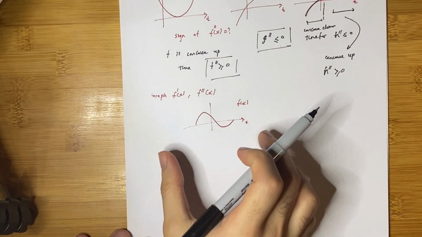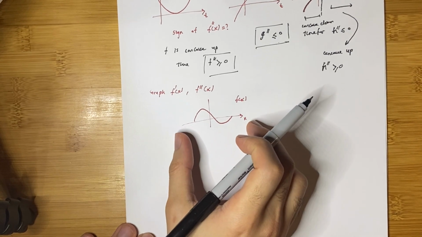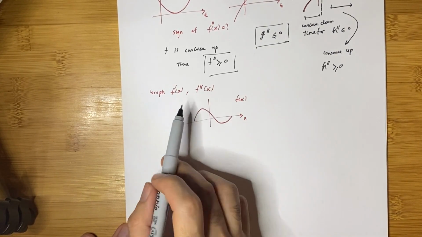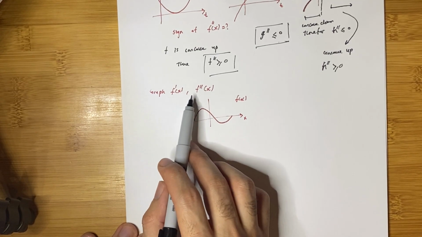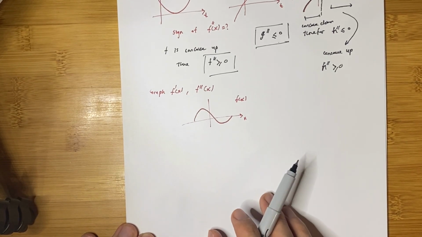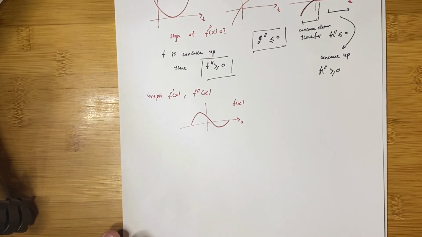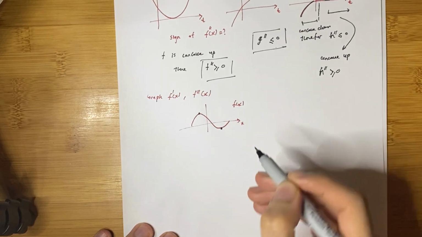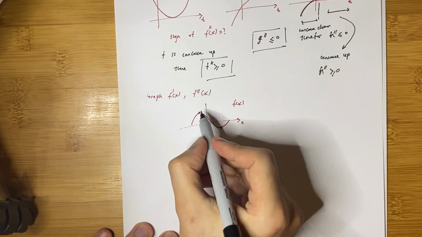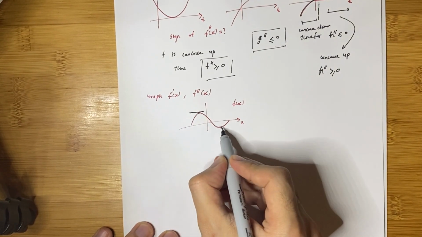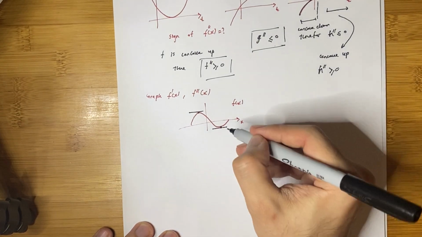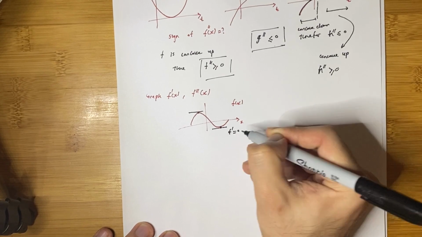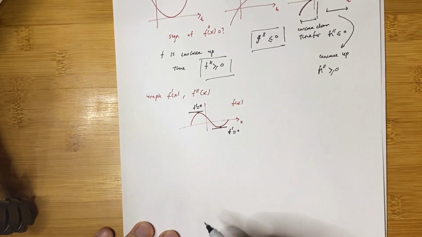Now let's look at this example. Here we are given this function f of x, and we want to graph the first derivative and then the second derivative. So first what we do is mark these points where the slope is 0. If we draw a tangent line to these, the slope is 0, which means f prime will be 0 at these points.